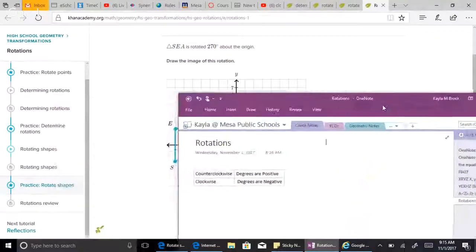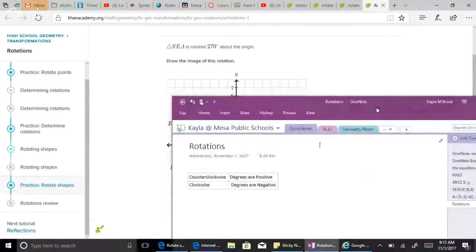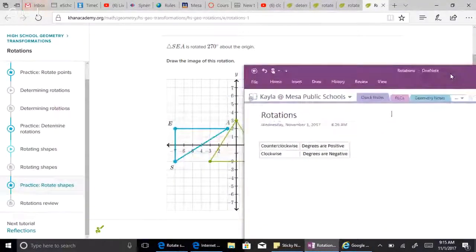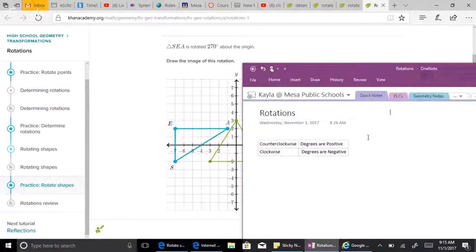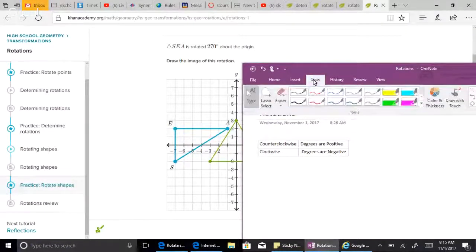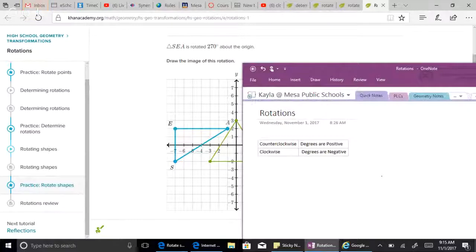The first thing you want to do is write down the coordinate points. So I have 3 coordinate points here. I have E, A, S. The E coordinate point is -7, +2.